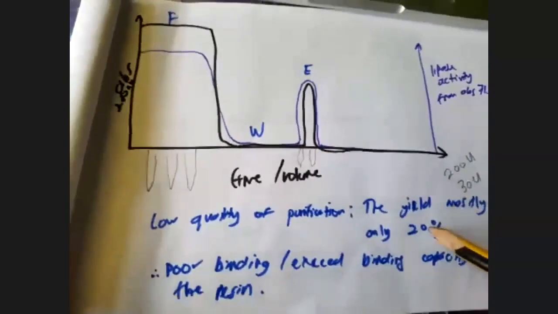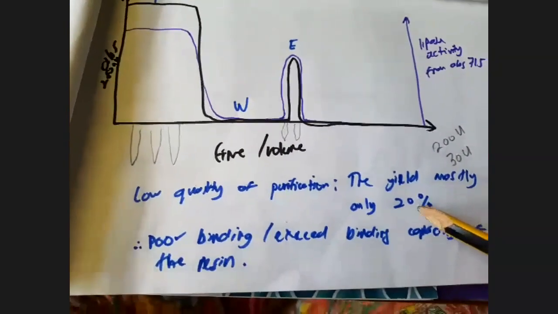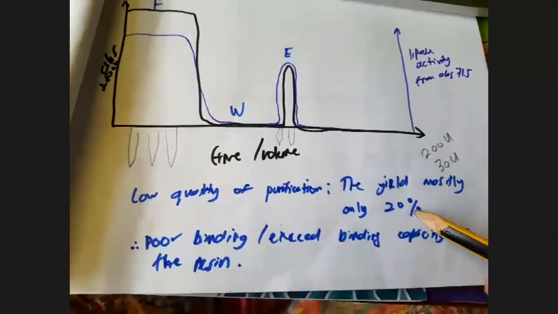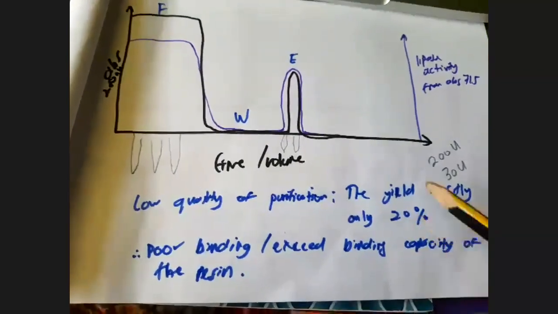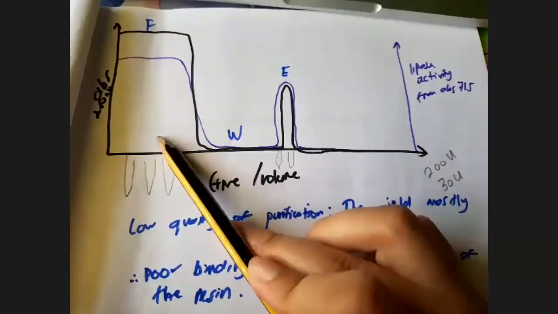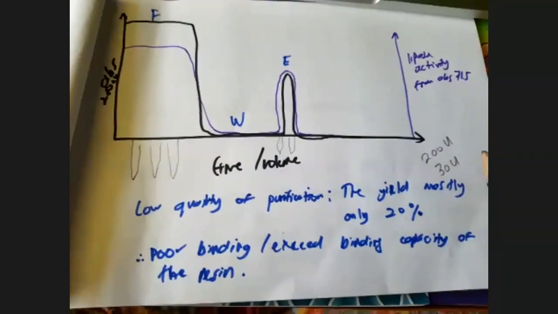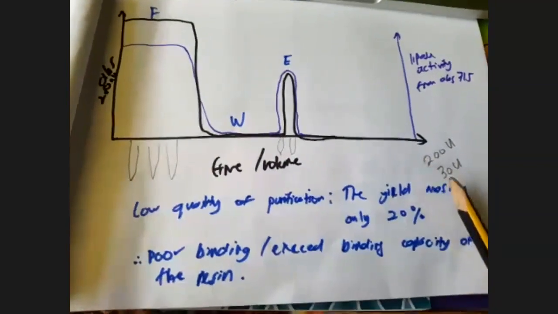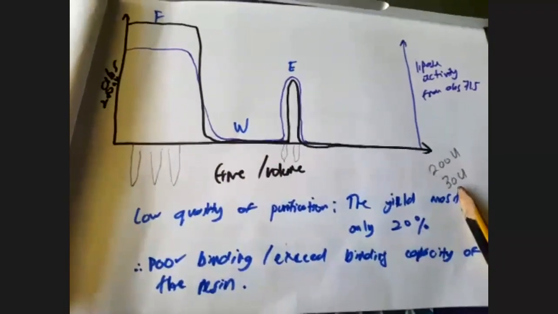Most of you got this, but some of you got pretty good results, like 50% over here. If you have 50% here, that means you lost 50% in here. So there's no such thing as starting with 200 unit and by the end of the day getting 2,000 unit.